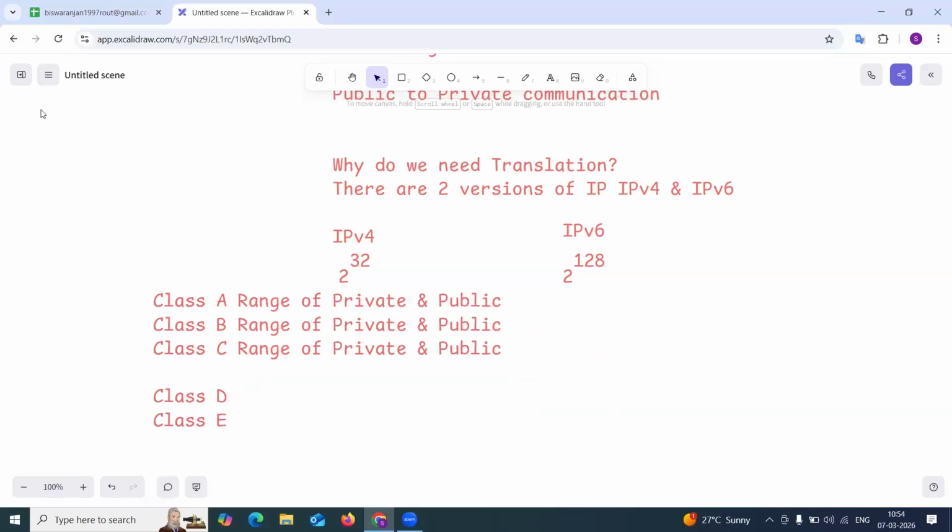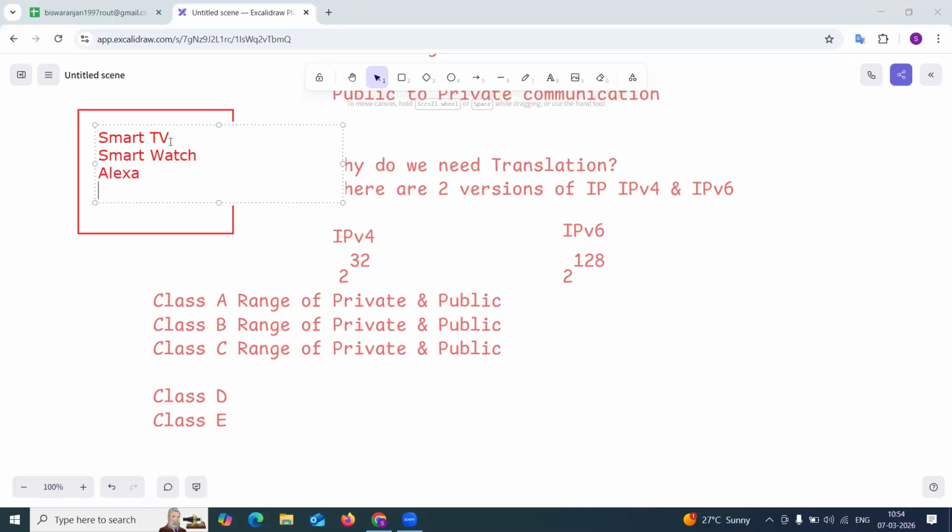See, inside one home, we have so many devices to connect, right? We have a smart TV, we have a smart watch, we have Alexa, and each person will have at least two devices, one phone and a laptop.